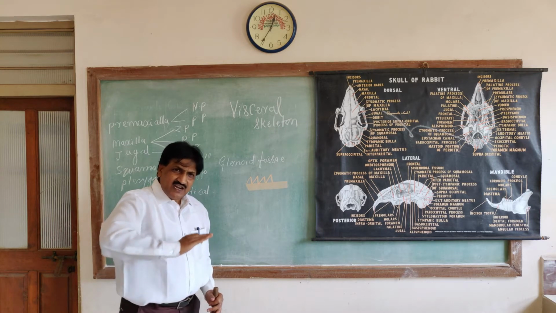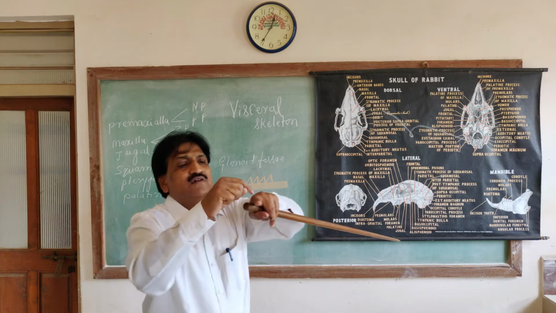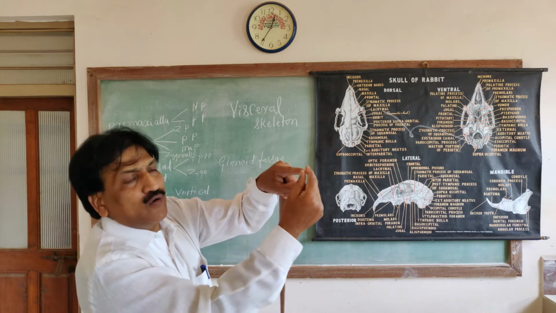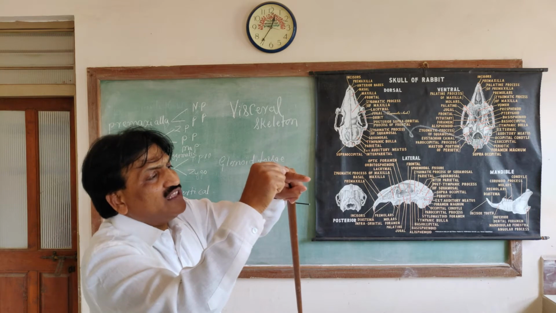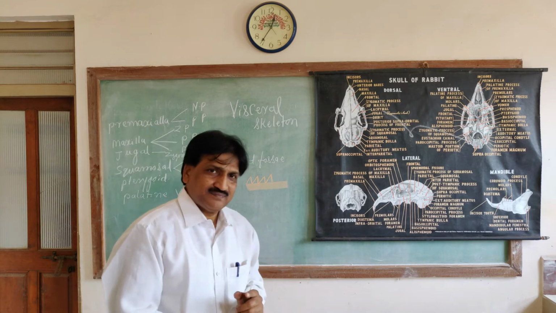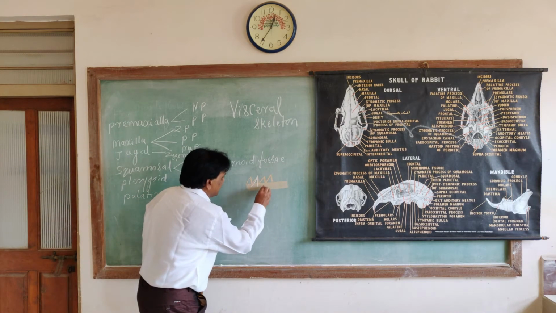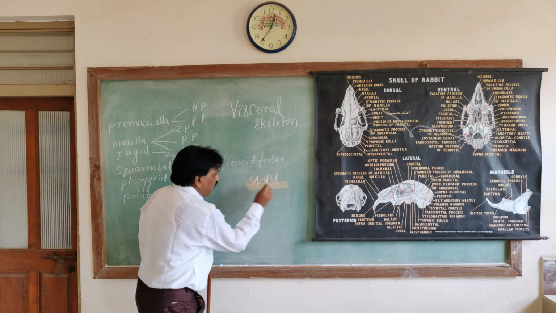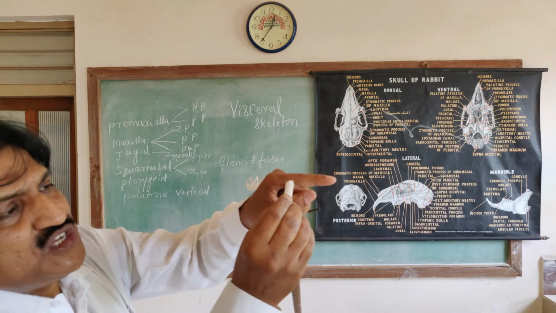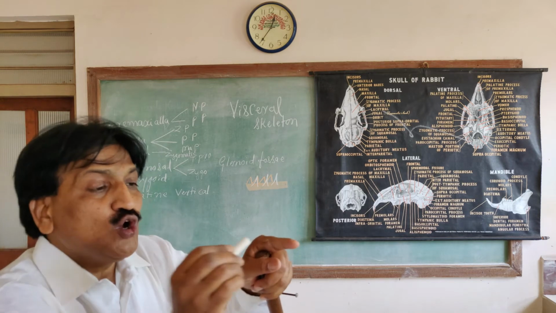When the teeth are present on the surface of the jaw bone, it is called acrodont. Suppose the teeth are present on the inner margin of the jaw bone; that is called pleurodont.